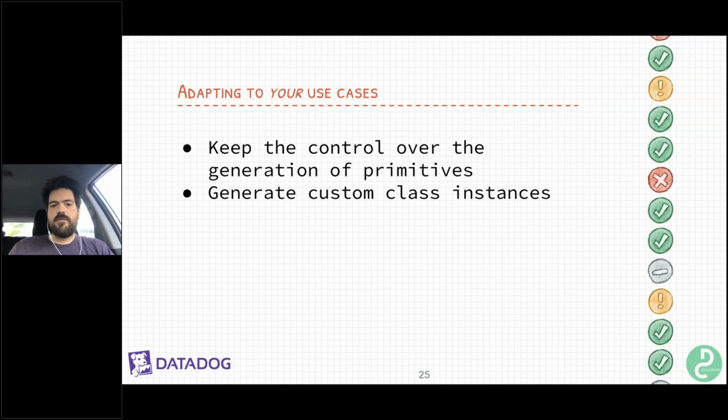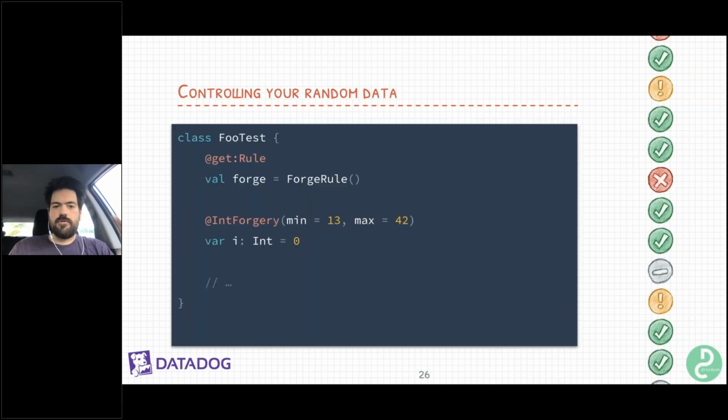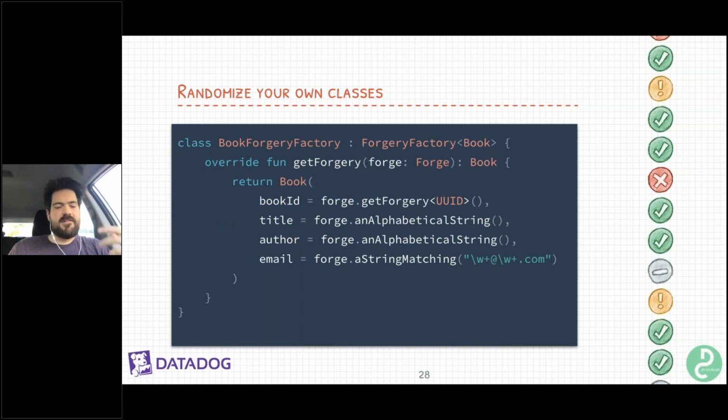So if we go back to our int and we want to control the int range, we can add some parameters in the annotation to say, oh, I only want an int between 13 and 42. And if you have, for instance, a book class, a book object, you can create a class named BookForgeryFactory, where you say, okay, I have my forge object, which can generate primitives.